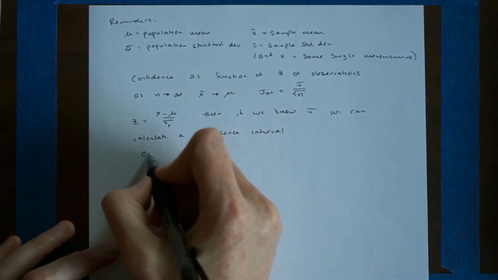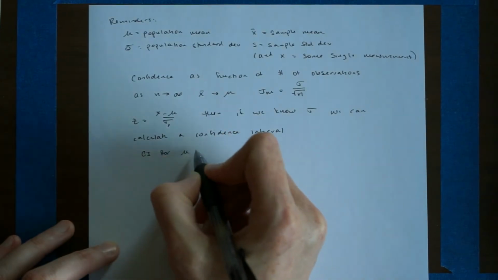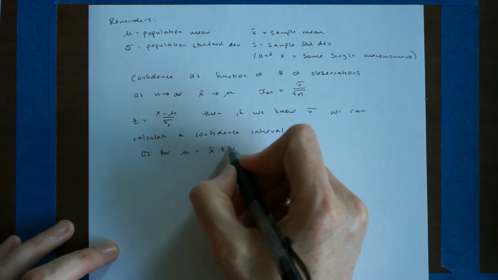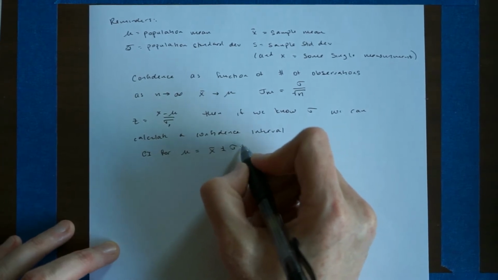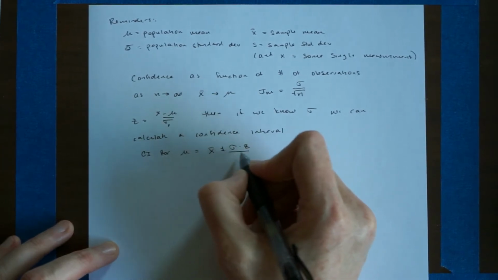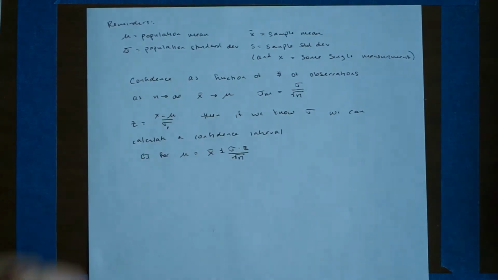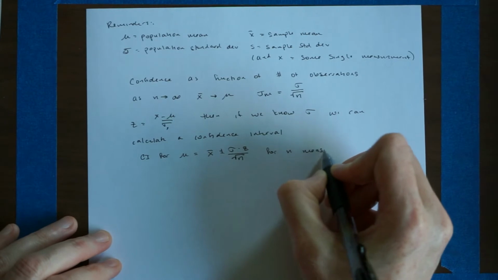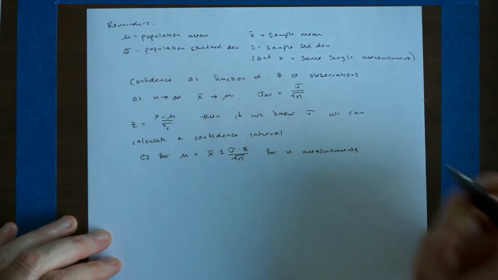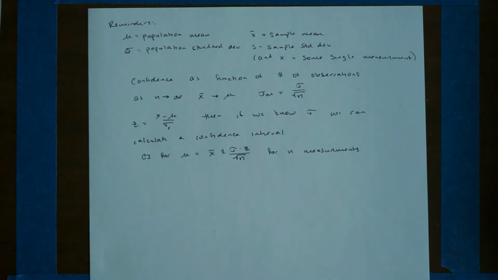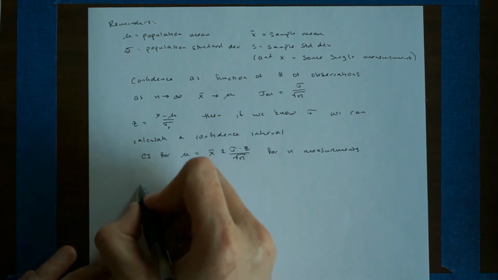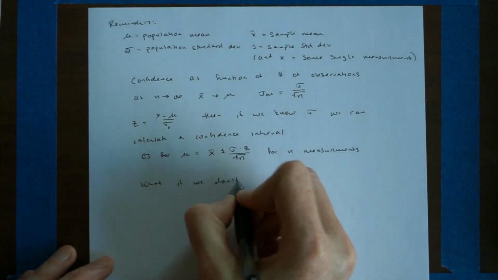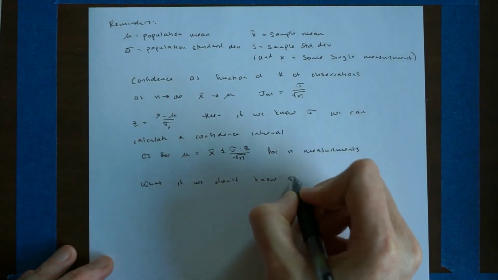And that is confidence interval for mu equals the average you observe plus or minus sigma times z divided by the square root of the number of measurements. So now we have to consider the special case. What if we don't know sigma?